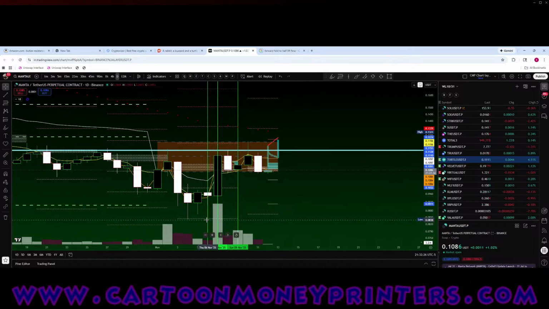With this volume, there's obviously some institutional interest or some big players interested. The 50% of this candle is held very well, and we have a lot of time left in today's day.